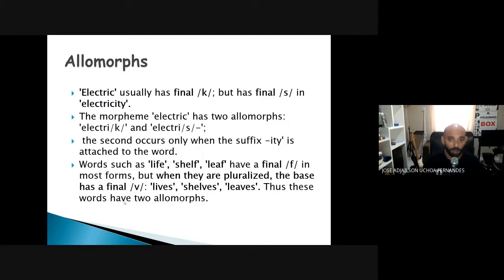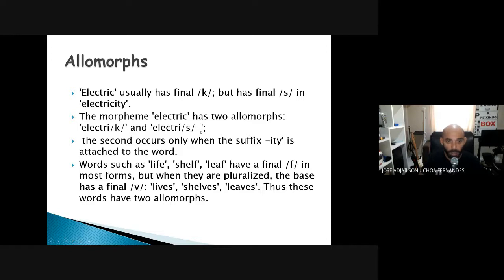The final K and S are allomorphs. Electric, electricity. There's a change so that the suffix can be attached to the word. The morpheme electric has two allomorphs then, electric and electris. You see?